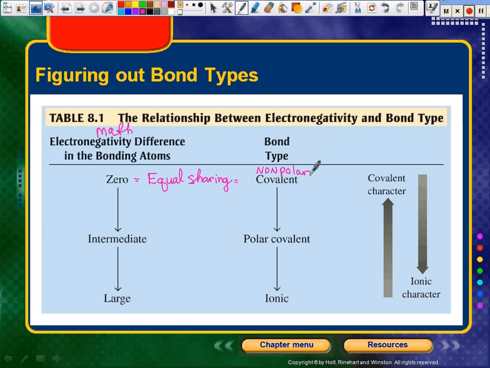If there was intermediate sharing, is that equal or unequal sharing? Okay. Well, when it's unequal, what do we call that? We called it polar. Okay. If there's a large difference, you lose or gain an electron.